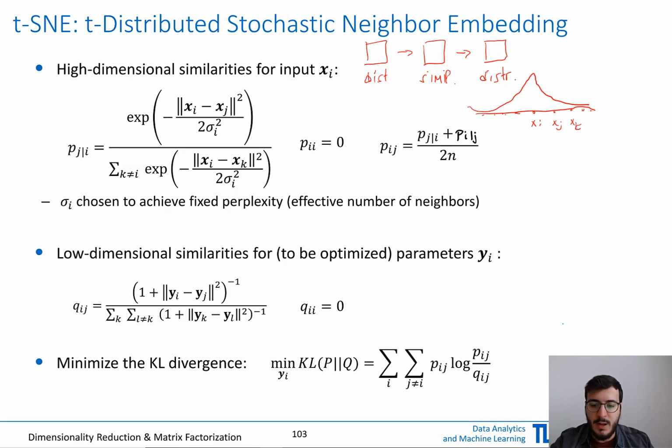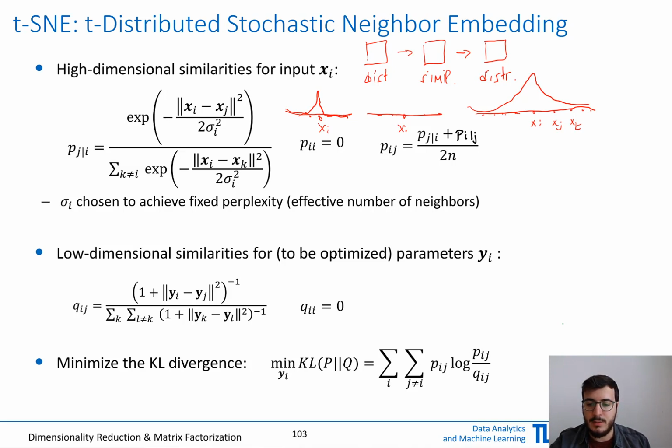So now let's imagine that we have again the same situation. We have again the data points, and again this is our xi, and now we choose two different Gaussians. If we choose a Gaussian which is very concentrated around x, which means it has a very small variance, then only the closest data points will get high similarity, and everything else will quickly go to 0 and the similarity will be very small.